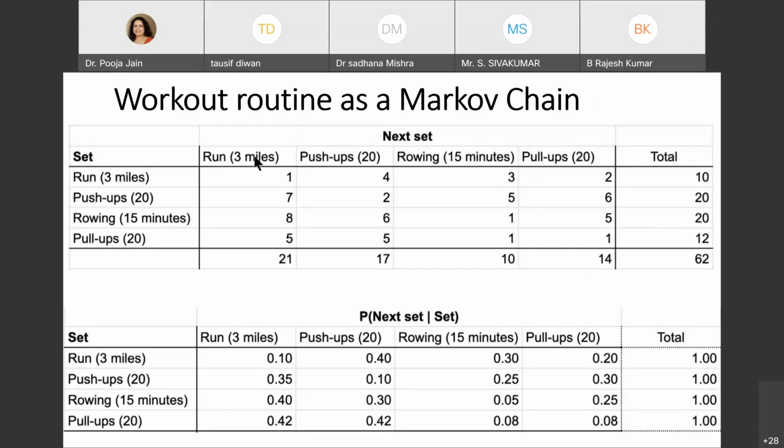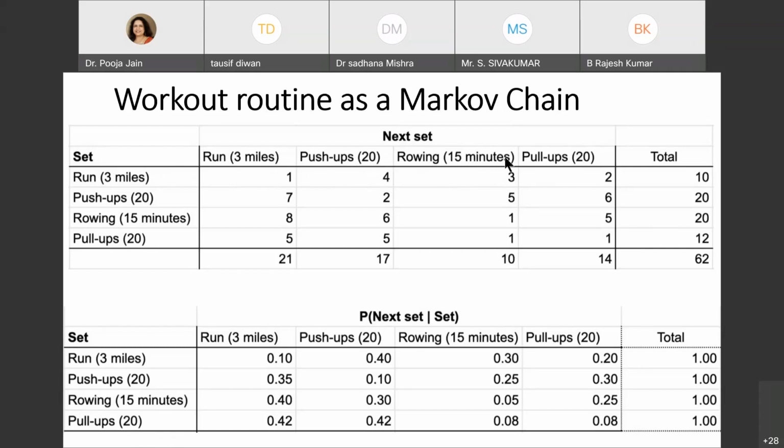Running after running is a very rare possibility, only one time. 20 push-ups after running is taken 4 times. See here, taking push-ups after running has a huge probability. Then rowing for 15 minutes after running 3 miles is taken 3 times. Then 20 pull-ups after running is 2 times.